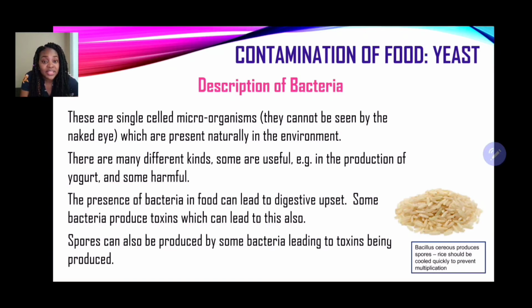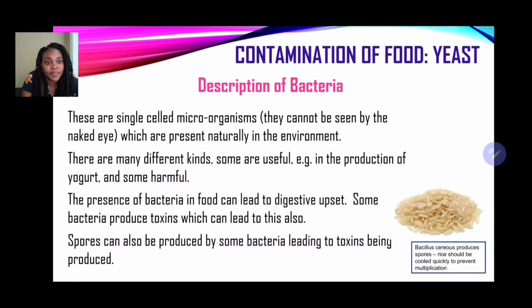So some bacteria produce toxins which can lead to this also. Spores can also be produced by some bacteria, leading to toxins being produced. So whenever we consume a food that the bacteria release toxin on, then we get what? Food intoxications, right? So we eat the food with the toxins that were left there by the bacteria.